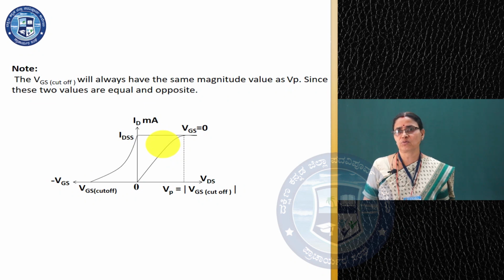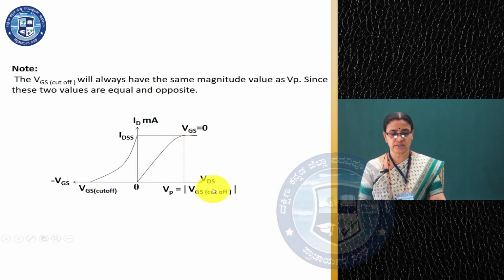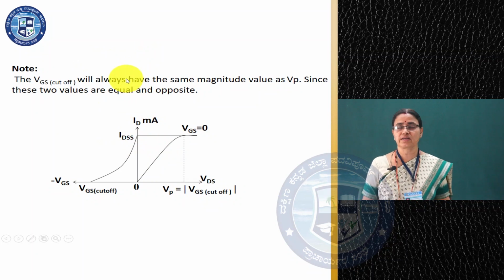From the diagram you can understand clearly: when VGS is equal to 0, it is IDSS, the maximum. When ID is equal to 0, it is VGS cutoff. So here is the diagram, we can easily explain. This is not for the examination, this is only a note I give so we can understand clearly.